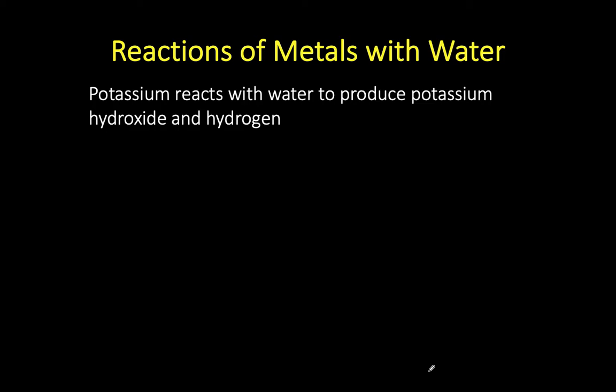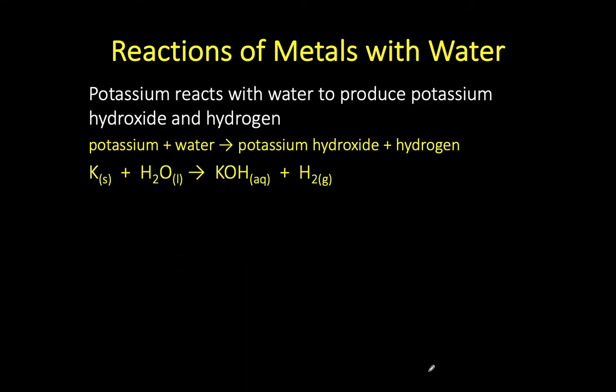Potassium reacts with water to produce potassium hydroxide and hydrogen. So metal plus water gives metal hydroxide plus hydrogen. The word equation: potassium plus water gives potassium hydroxide plus hydrogen. That is written as K plus H2O gives KOH plus H2. In this example, we have included our state symbols.